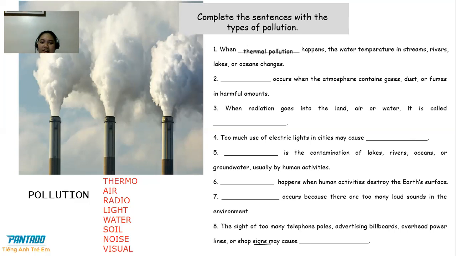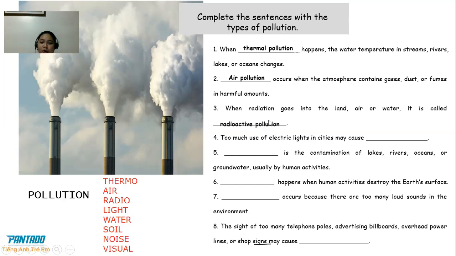So number one, when thermal pollution happens, the water temperature in streams, rivers, lakes, or oceans, again repeat after me, changes. Change. Number two, air pollution occurs when the atmosphere contains gases, dust, or fumes in harmful amounts.